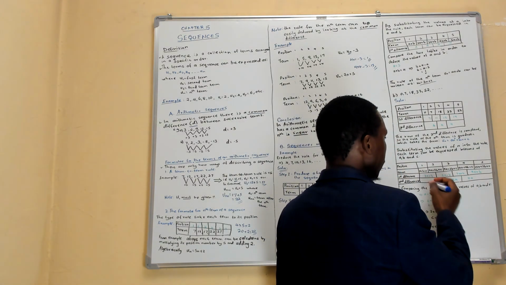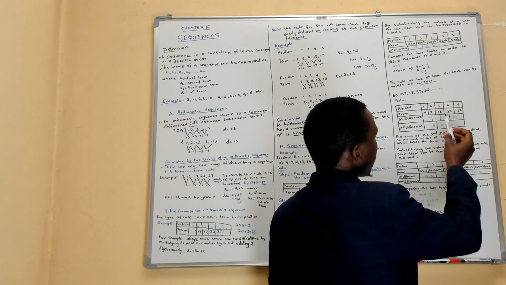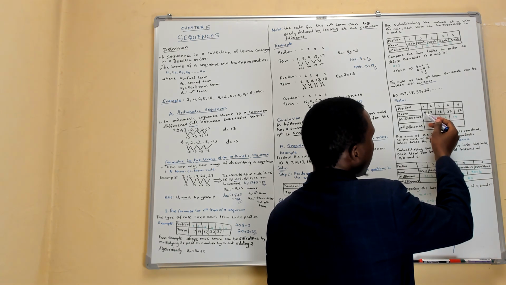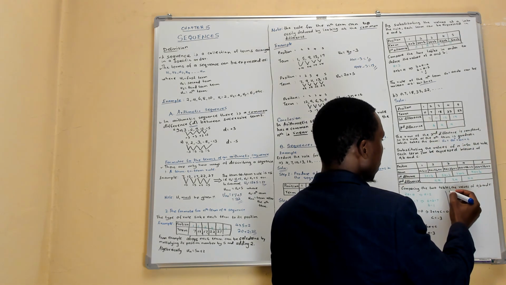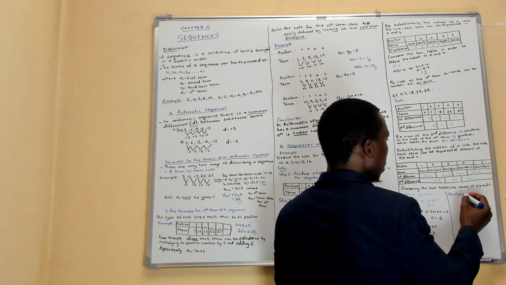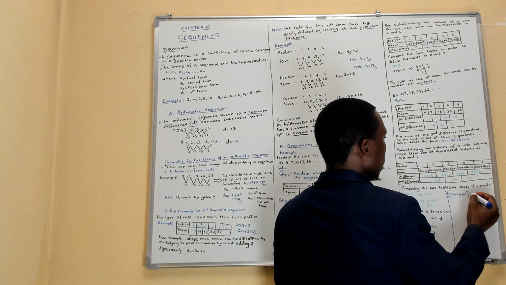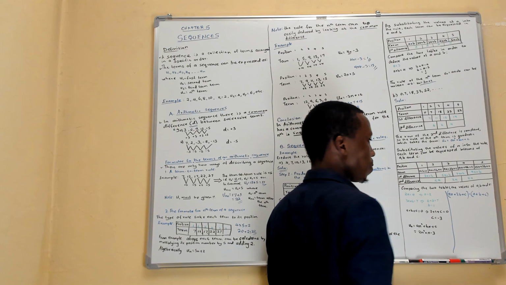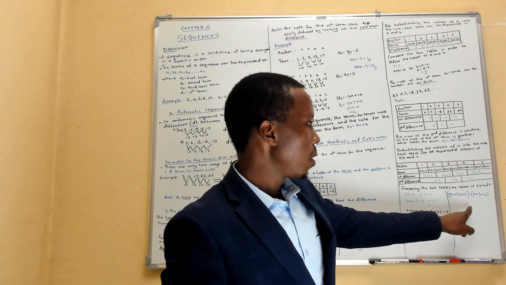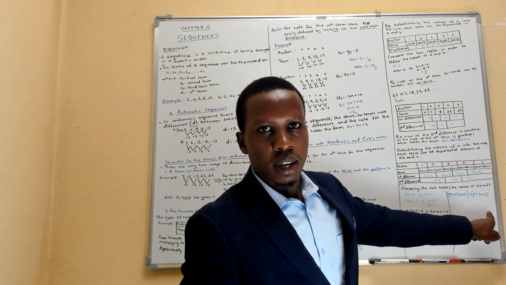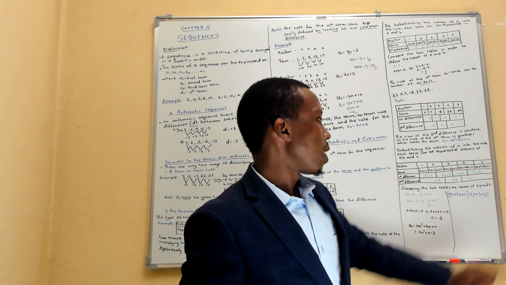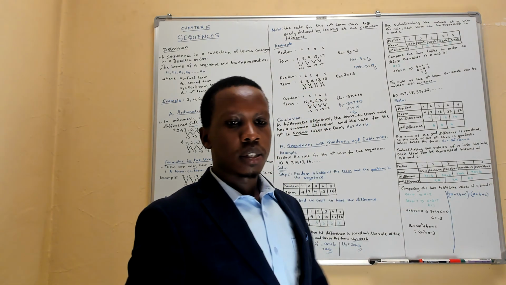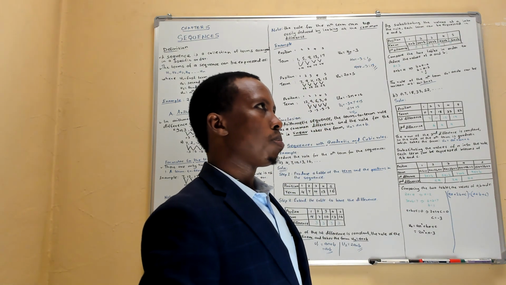So for the first one, just the way I subtracted 7 and 0 to get 7, I'll subtract 4a plus 2b plus c minus a plus b plus c. So this is the second term, this is the first term.